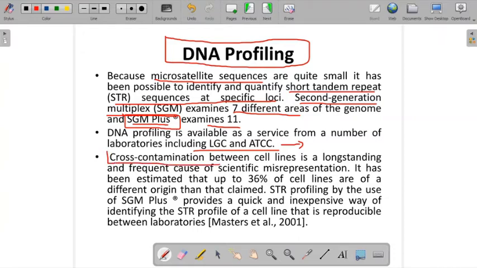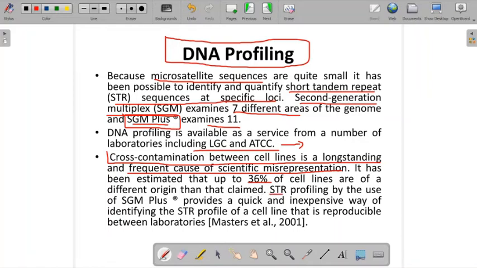Next, cross contamination between cell lines is a long standing and frequent cause of specific misrepresentations. Okay, cross contamination of these cell lines. So how could we identify whether there is a cross contamination based on this DNA profile only? It has been estimated that 36% of cell lines are of a different origin than they claimed, right?